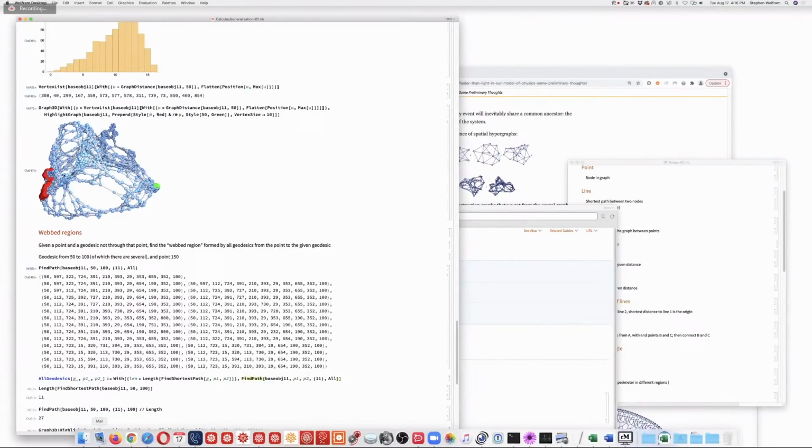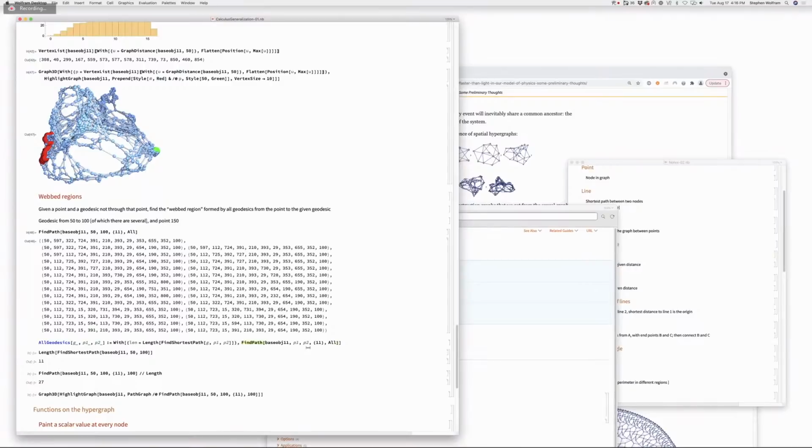It's on me then. Hold on. Okay, but anyway, we've got a way that works here. So find path all there. And I believe that's all we need.